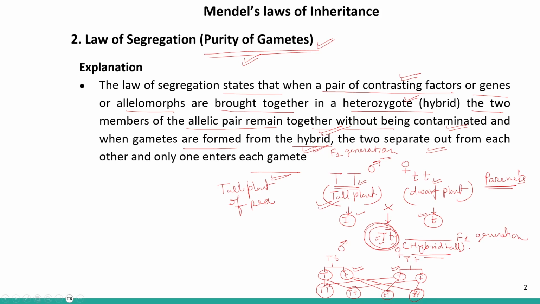And this is the purity of gametes. The gametes are pure at this particular condition. The gametes are pure. Capital T, small t, capital T, small t. There is no mixing in the case of gamete formation at the F2 level, or the F2 generation, right? So that is why it is also called the purity of gametes.